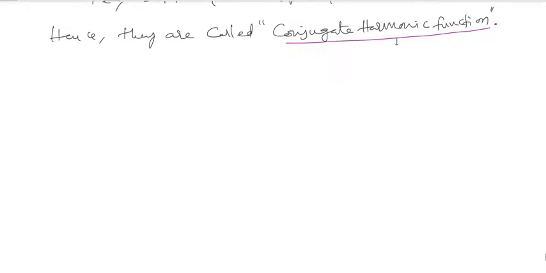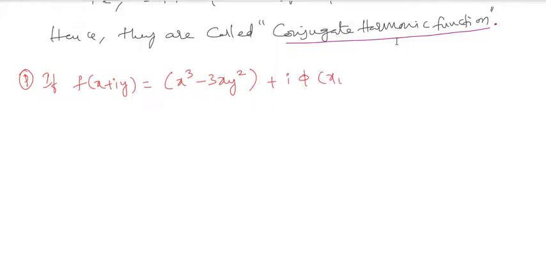Let me take the problem. If f of z, that is x plus iy, is equivalent to x cube minus 3xy square plus i into psi of x comma y and is analytic, then psi of x comma y is what?